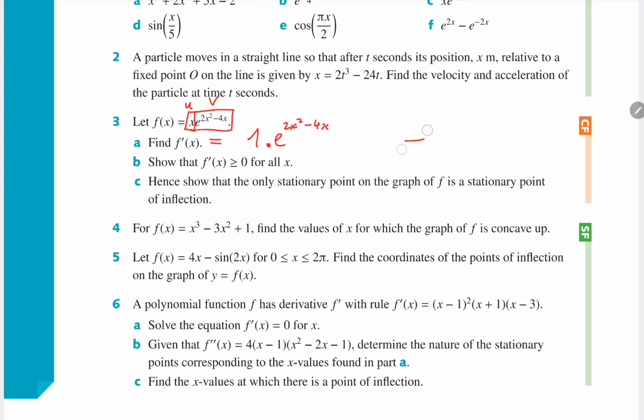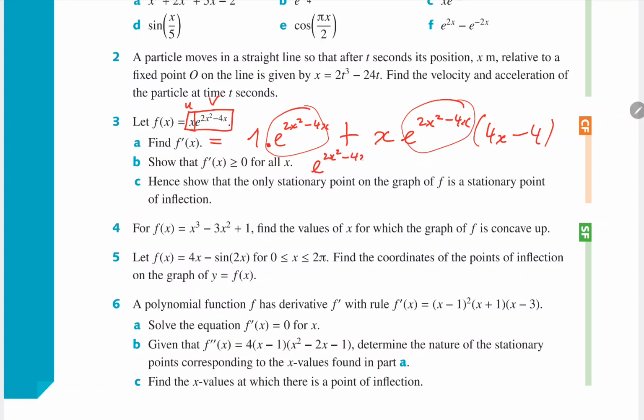Then u dash v, plus u, which is x, times v dash. So that's the one that we have to derive. This is the v dash one, 4x minus 4. When you see something like that, you can always take out the common factor, e to the power 2x squared minus 4x, and then simplify it. If I take that out, that'll be e to the power 2x squared minus 4x, and in the brackets will be 1 plus, expanding out, 4x squared minus 4x.